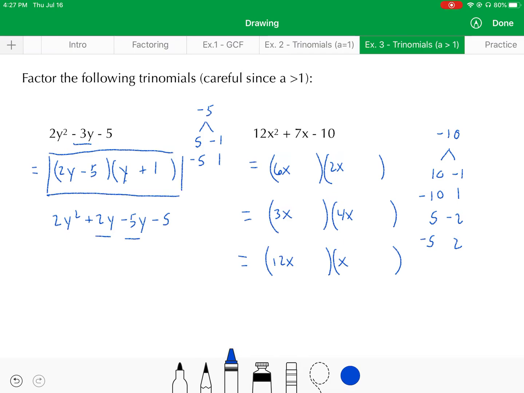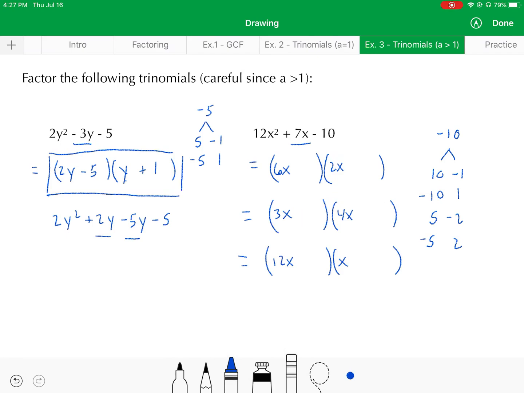Okay. So let's say maybe I try positive 5 here and negative 2 here. We'll notice the outside part of FOIL would be negative 6x and the inside part would be 20x. Those are not going to combine to my middle term of 7x. So that's not going to work, okay? So I'll flip around here.